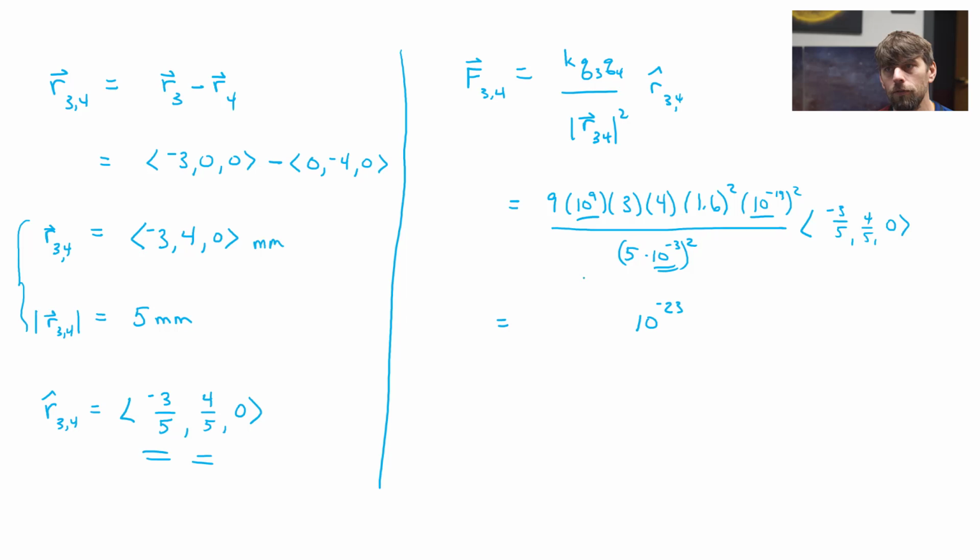We said 3, 4, and 9, so 9 times 12, 108. And then we have that 2.56, that's the 1.6 squared, is 2.56, divided by 25. Oh, excuse me, not equals. I'll put the direction in here.